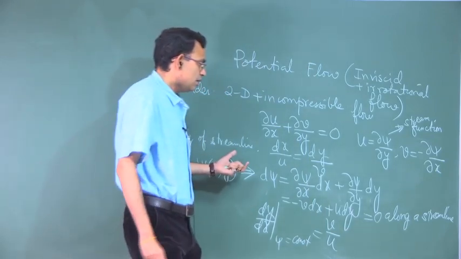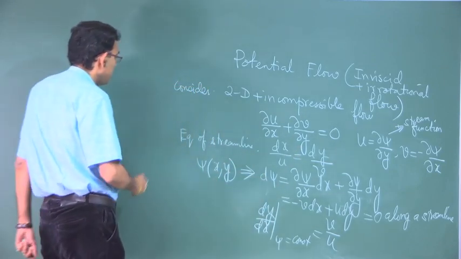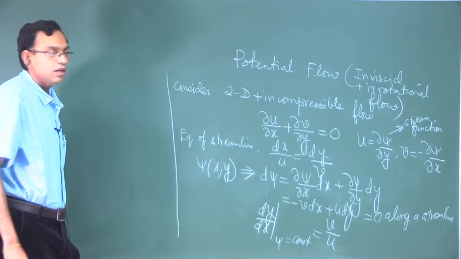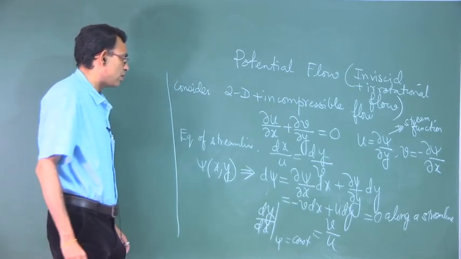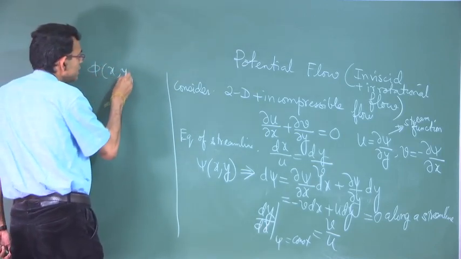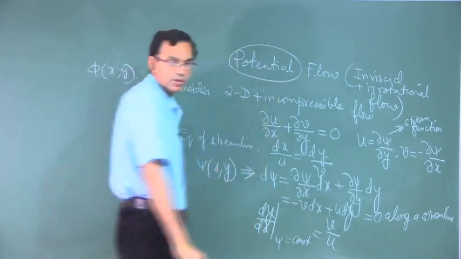So, these are the psi equal to constant lines. Similarly, you think of phi equal to constant, which are so called equipotential lines, and these are very important for potential flow.